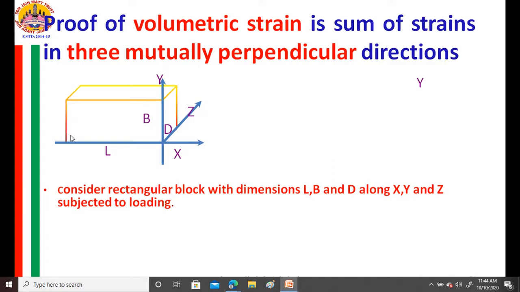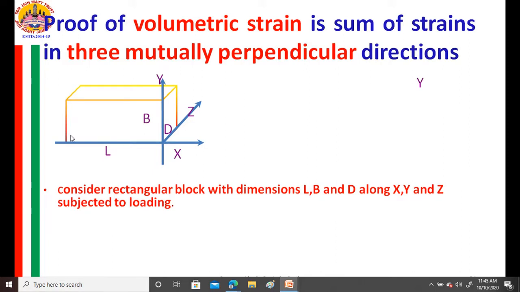As a result of this loading, the body will undergo deformations and its dimensions will change. One dimension may increase, another may decrease. When we say increase or decrease, we need to say plus or minus. We use the general algebraic term; we simply add it, and it may be positive or negative.